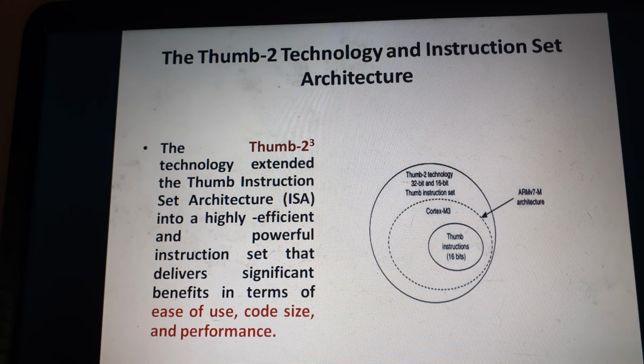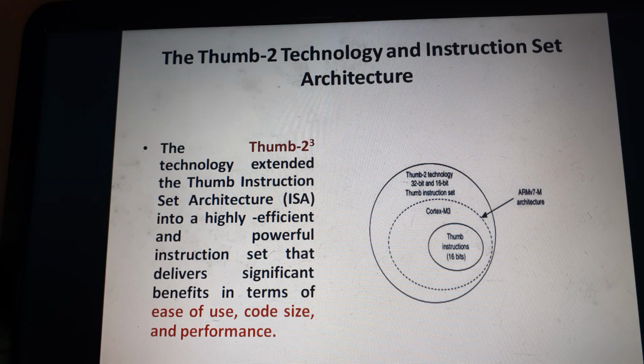So that program will use less memory because of Thumb instructions, and it will do the powerful jobs by using the ARM instruction set, because if some complicated job is not possible using the Thumb instruction set.